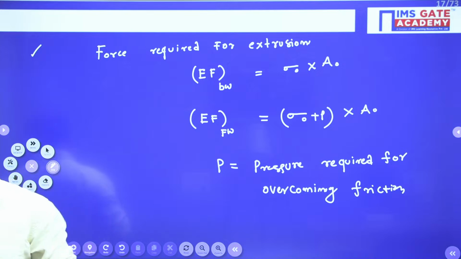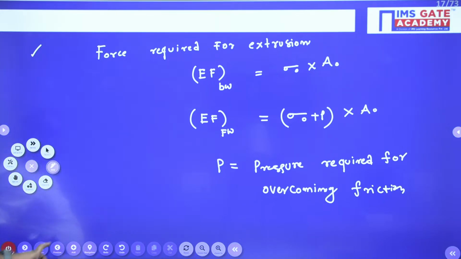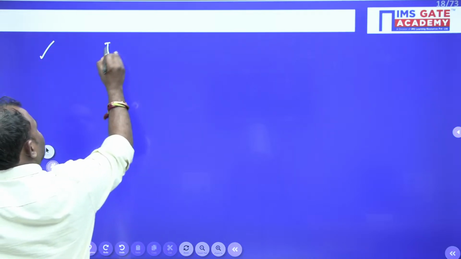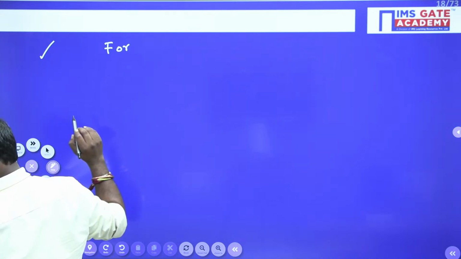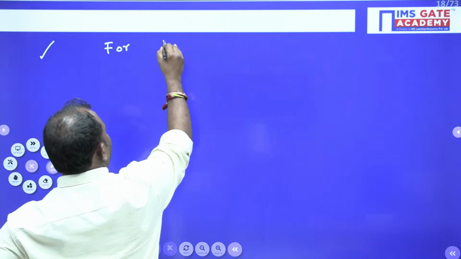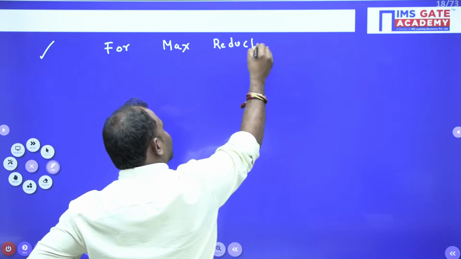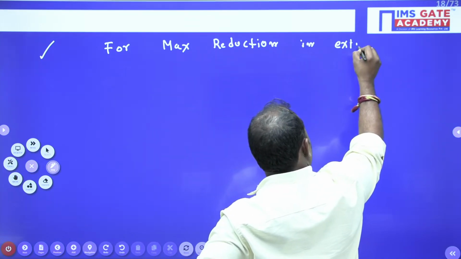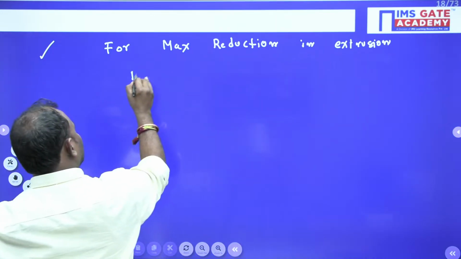Okay. For maximum reduction in extrusion, mu should be equal to 0.